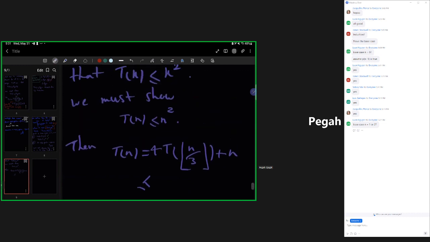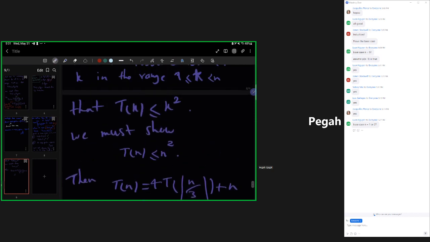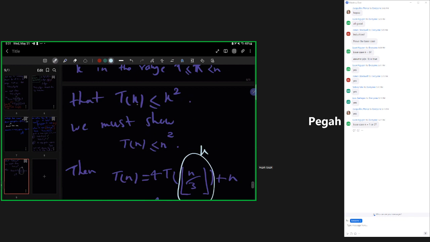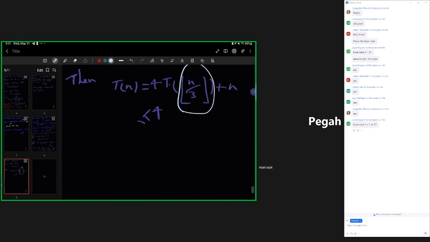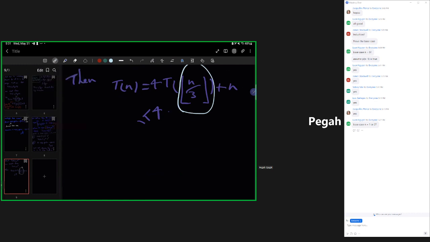So this is less than or equal to, because I know for any k between 1 and n, not equal to n, T(k) is less than or equal to k squared. I consider this part to be k, so I know T(k) is less than k squared. It means this is going to be less than or equal to (n over 3) squared plus n.